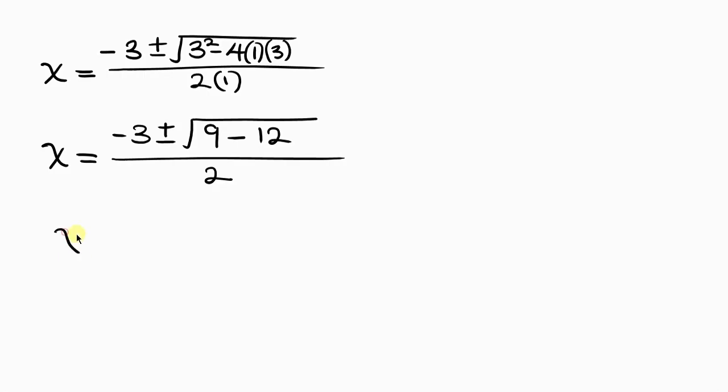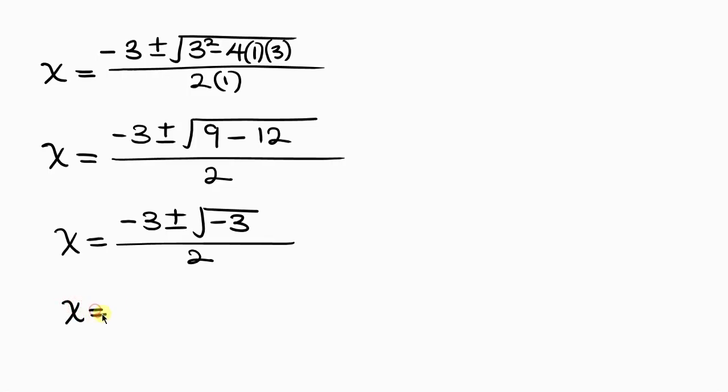So making x equal to negative 3 plus or minus the square root of 9 minus 12 is negative 3, all over 2. And this simplifies into x equal to negative 3 plus or minus. Now this becomes the square root of 3i all over 2.